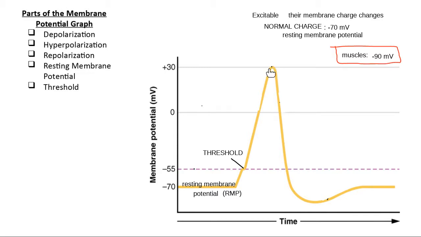This is the charge my membrane has to get to if I'm going to talk to my neighbor. I have to get all the way up here to positive 30. To go from negative 55 all the way up to positive 30, so when I'm on this slope of my graph, what do I call this process of getting more positive on the left side of my graph here? We're getting more positive.